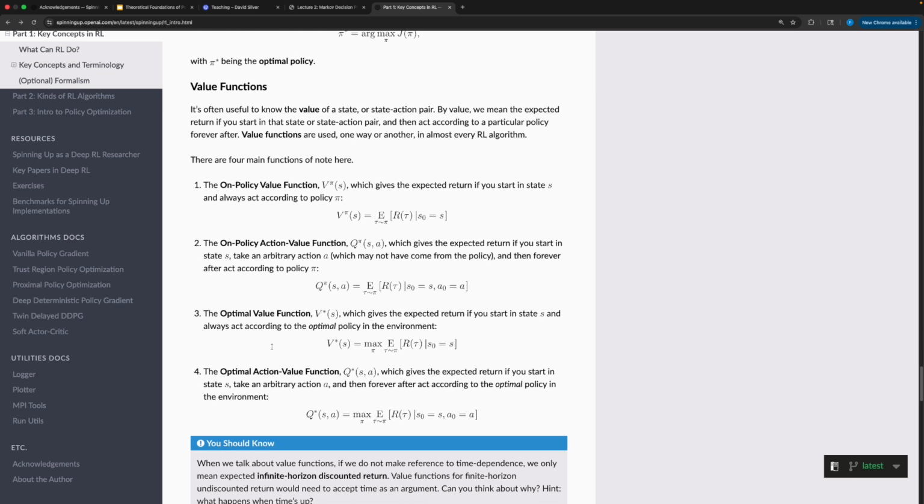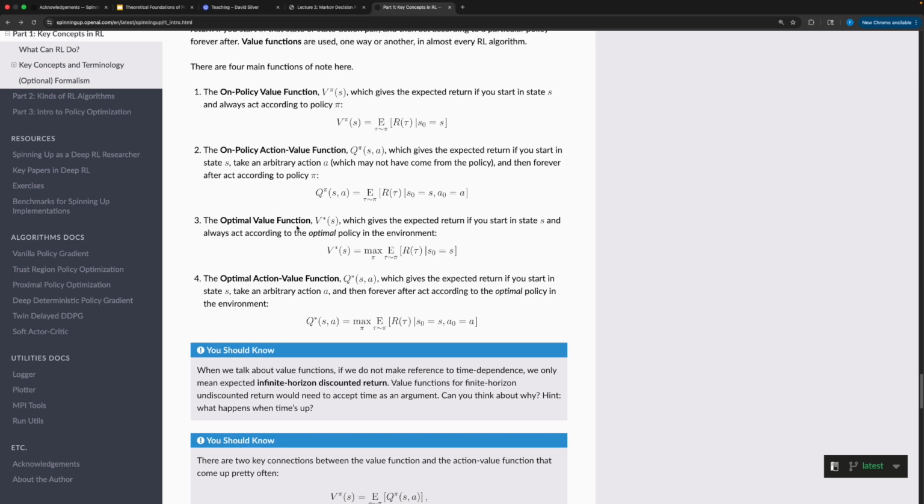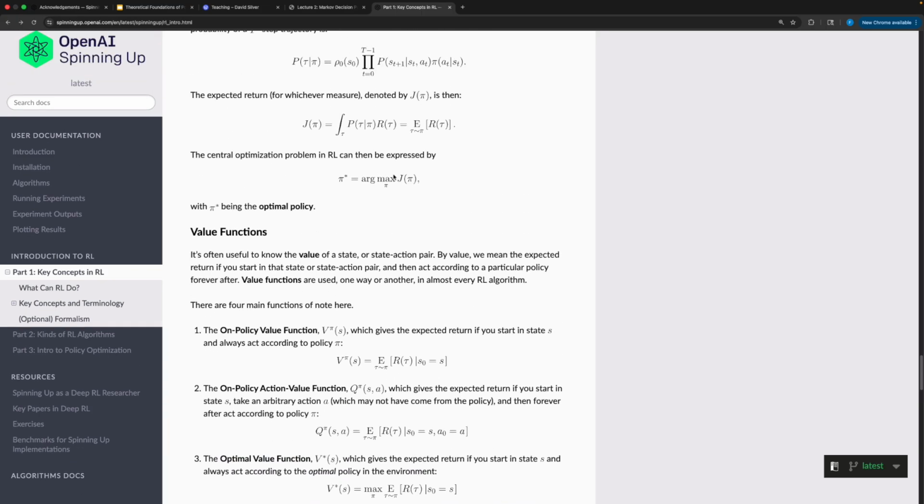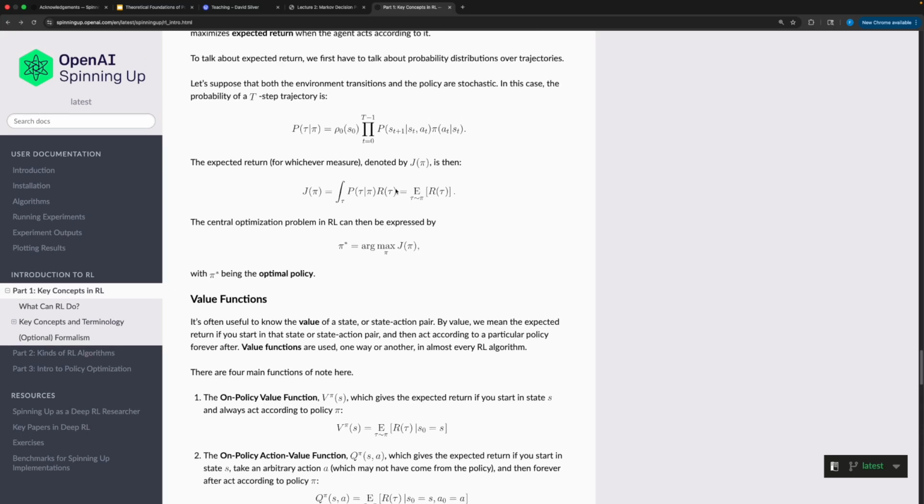The optimal value function v star of s is basically the value function of the optimal policy. Now we mentioned that policies can be compared with each other based on this objective, which gives you the total expected returns when you are starting from an initial state sampled from the initial state distribution. That's how you compare policies.